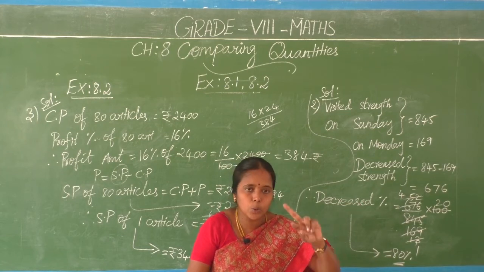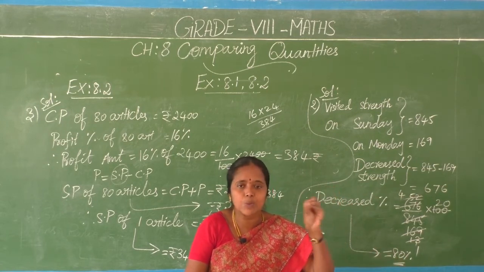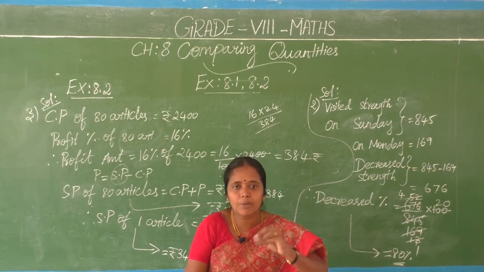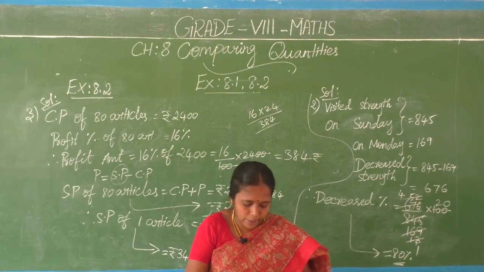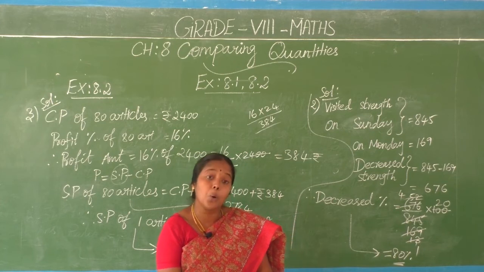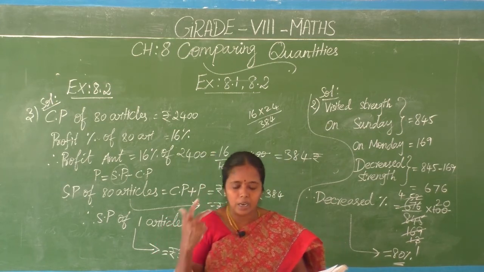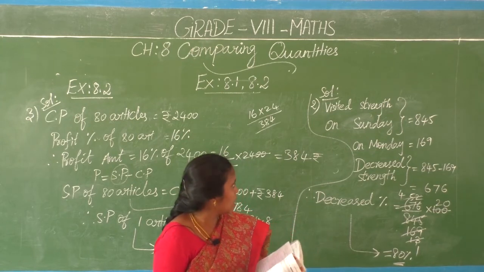By selling two items, on one item he got a loss of 4%, on the other a profit of 8%. Find the gain or loss percentage on the whole transaction. Overall, what did he get, gain or loss percentage? Okay.